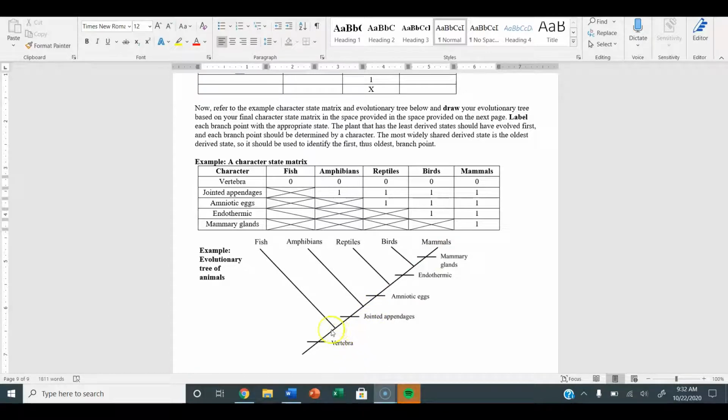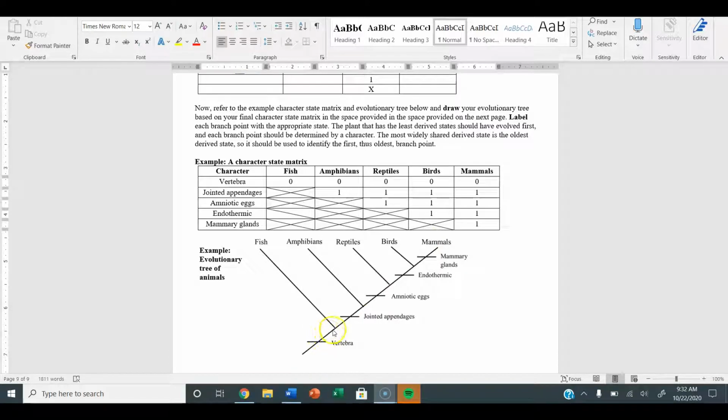So what I mean is, in this one, it's an evolutionary tree of animals, in particular vertebrate animals, animals with a backbone. So here I have this little tick here, which means all of the organisms from here on up are vertebrates. All these groups of animals have backbones.